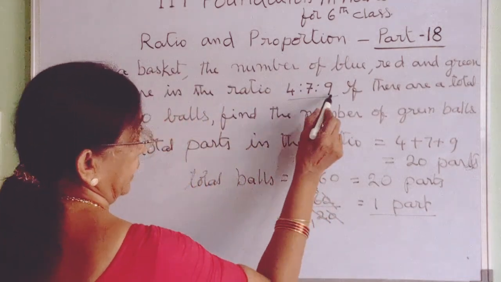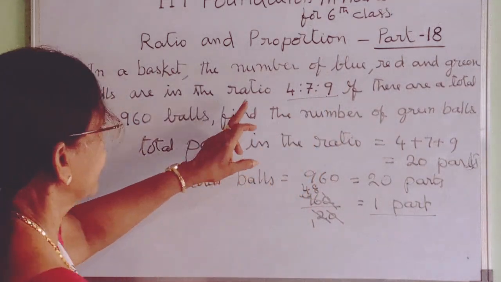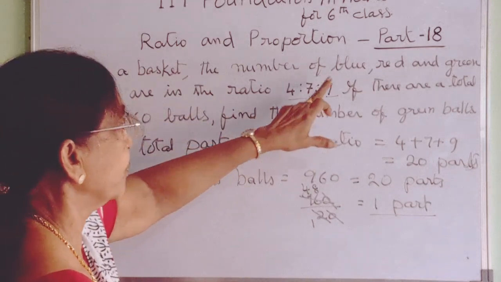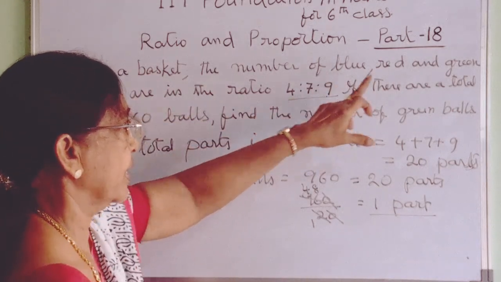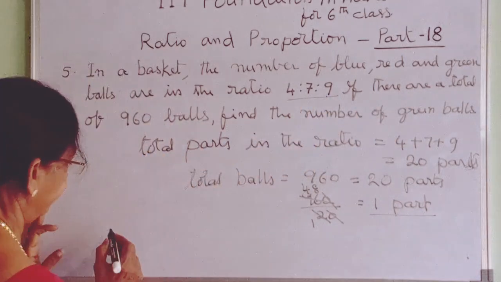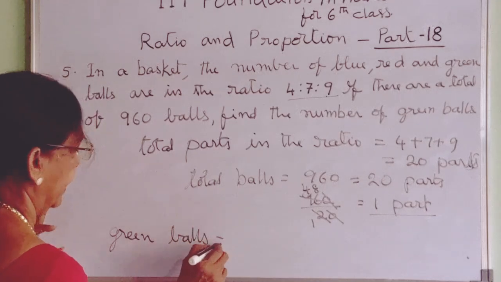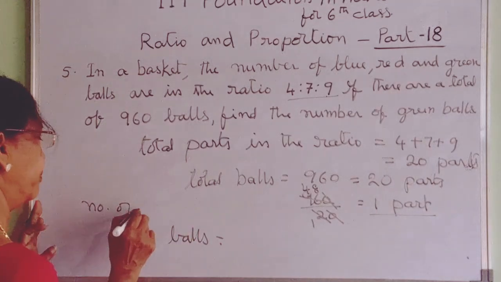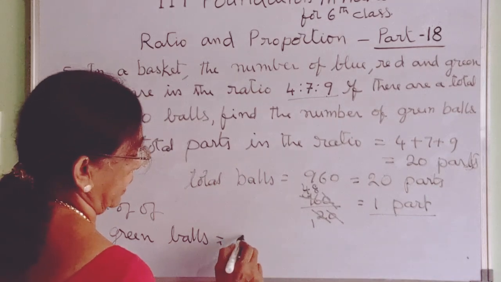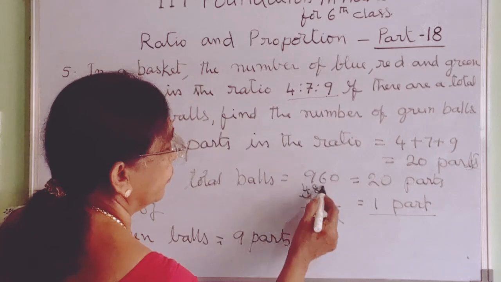But the last one, the green balls. Blue, red and green balls are in the ratio, so blue balls are 4 parts, red balls are 7 parts and green balls are 9 parts. Therefore, the number of green balls is equal to 9 parts, and each part is 48.